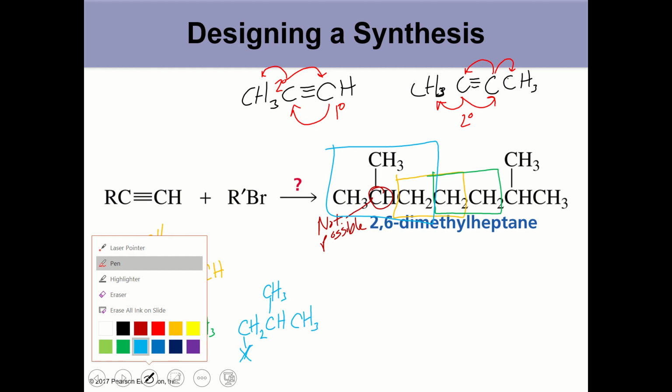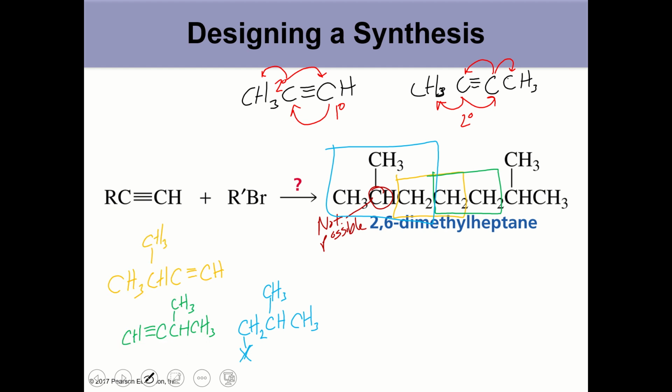The same thing for the orange carbons. When the triple bond is between the orange carbons, then this purple section are the carbons that have to be added to the orange carbons to make the final product. And so I'm going to need an alkyl halide on the carbon that the orange carbon bonds to, and to draw the rest of that structure.